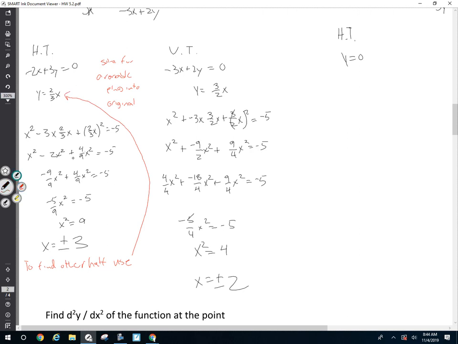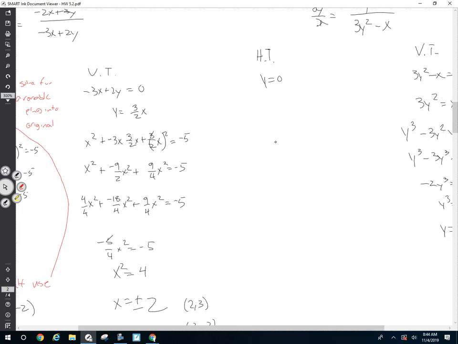So it's like 2/3 x. If I plugged in 3 into 2/3 x, I'd get positive 2. If I plugged in negative 3, I'd get negative 2. If I plugged in 2, I'd get 3. If I plugged in negative 2, I'd get negative 3. Okay? So it's actually not hard to find that other half.